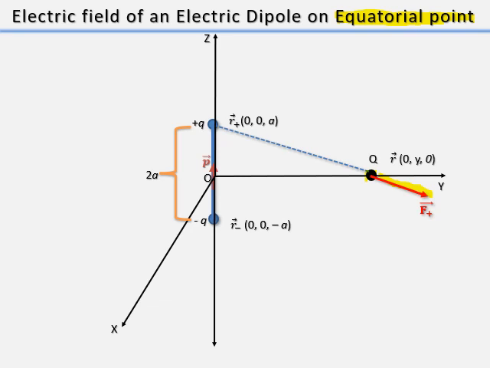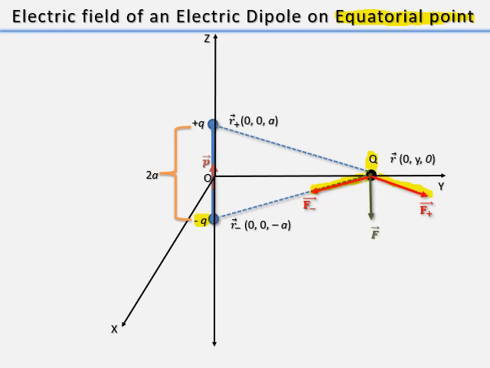And what will the negative charge do? The negative charge will produce an electric field at our point of interest in this direction. The force F negative is in the direction indicated by this arrow. So in which direction will we get the resultant electric field or resultant electric force?